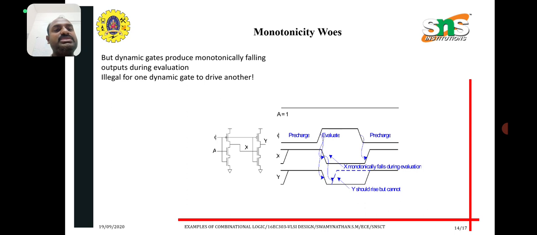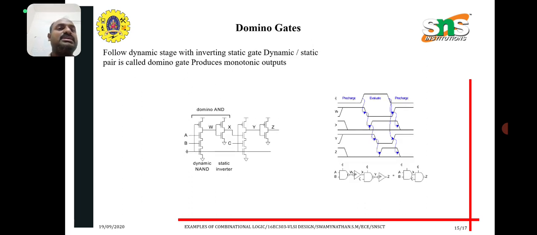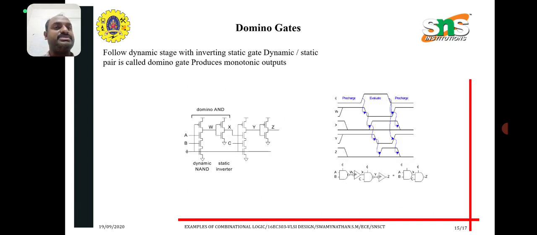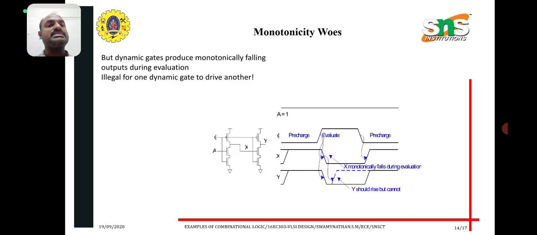So here we use another inverter to bring down; if we use the inverter, the lower signal again goes to the higher signal. Using this, we can avoid the monotonicity problem in dynamic logic gates. Next we will discuss the domino gates in our next series.